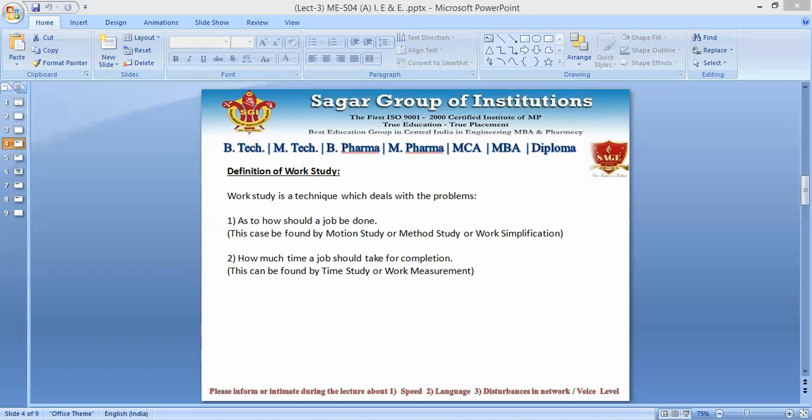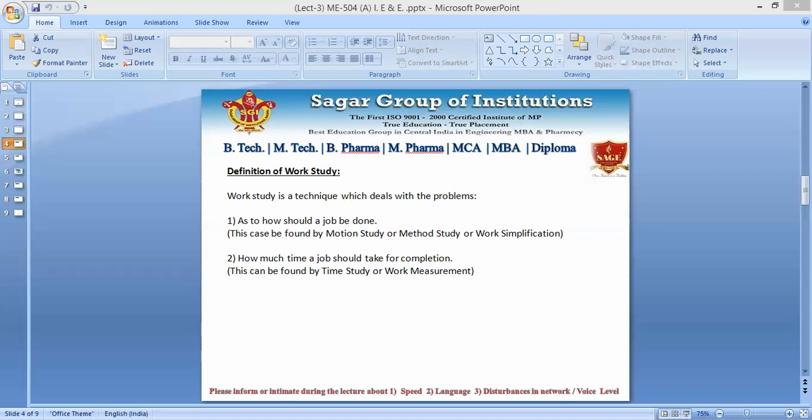So the design of an optimum work method and the standardization of the proposed work method is really required. Now, this is divided into two, as I told you in the previous lecture also. First one is motion study and another one is time study.